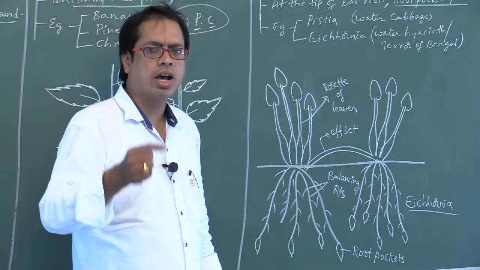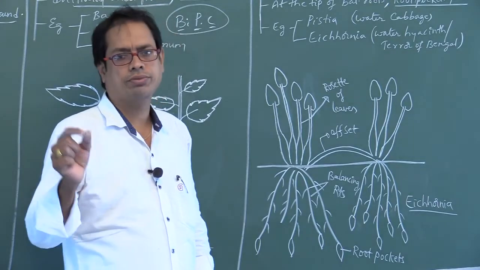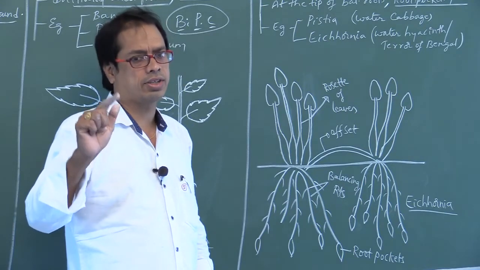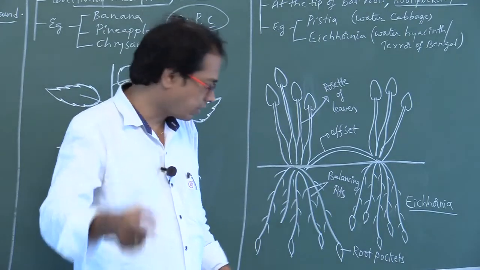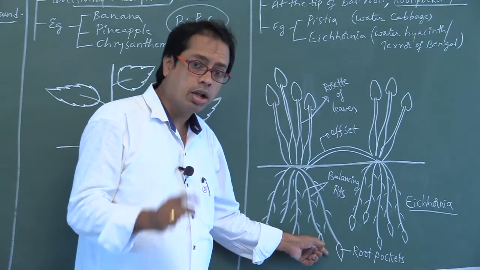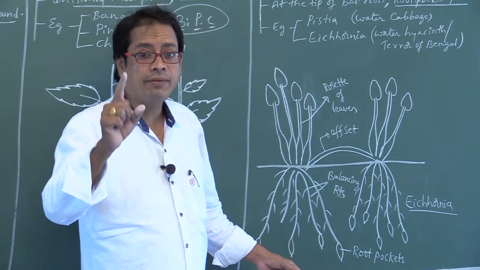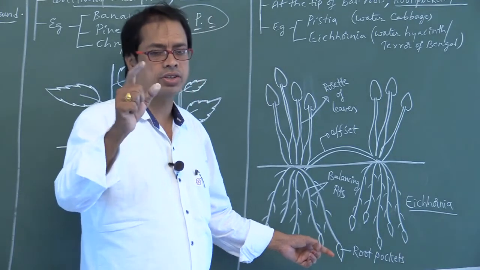If root pockets are lost, can they be regenerated? No. Root cap, if lost, can it be regenerated? Yes. Root cap is a tight fitting structure. Root pocket is a loose fitting structure.